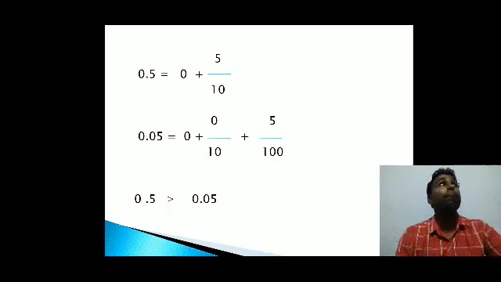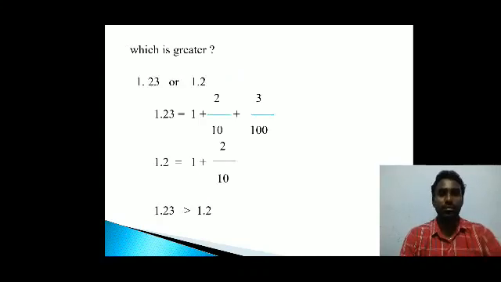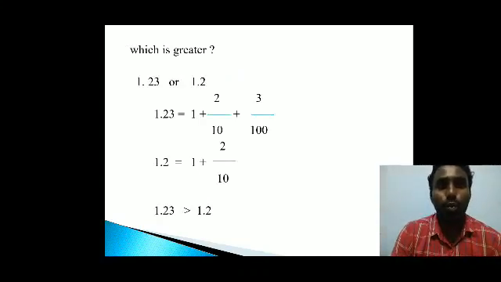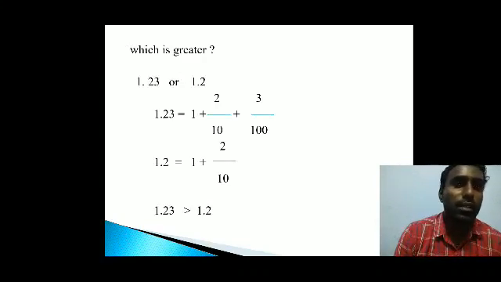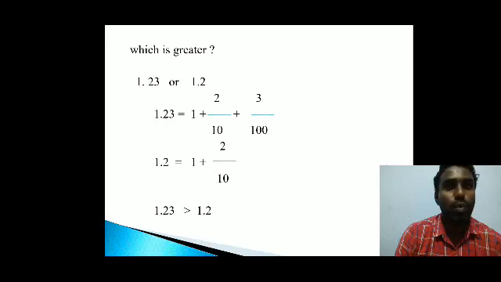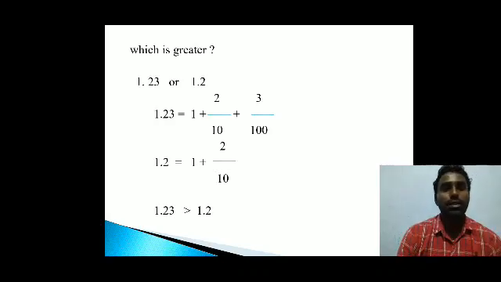Okay, next one, which is greater, 1.23 or 1.2? Now look at 1.23, where 2 digits are present after the decimal point, and in the second case 1.2, only one digit is present after the decimal point. So just expand that. 1.23 can be expanded as 1 plus 2 divided by 10, am I right?